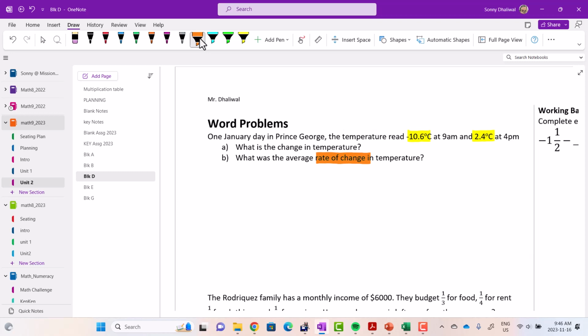So rate of change calculations are always done the exact same way. You have your change divided by the amount of time it took for that change to happen. That is your rate. Always. And you're just measuring different things.